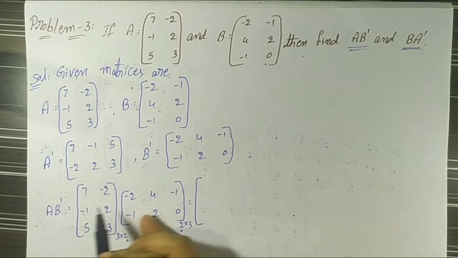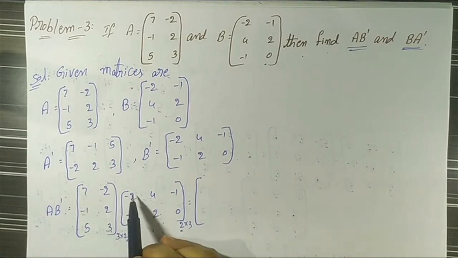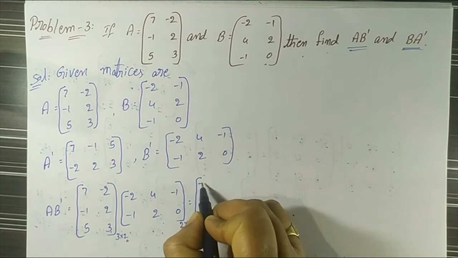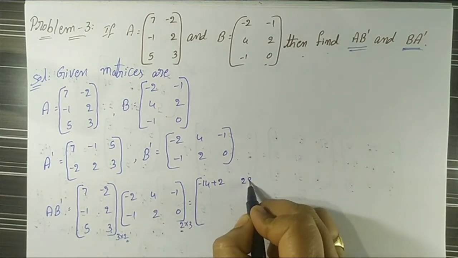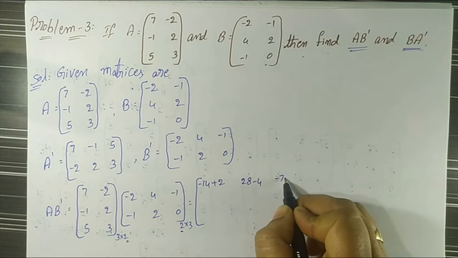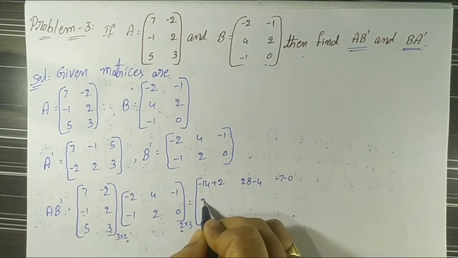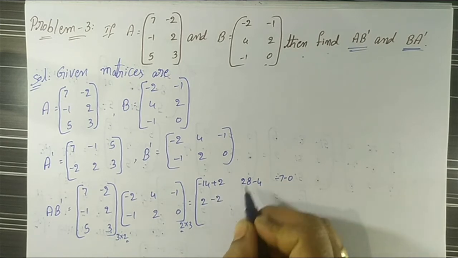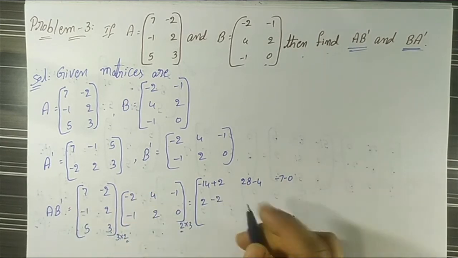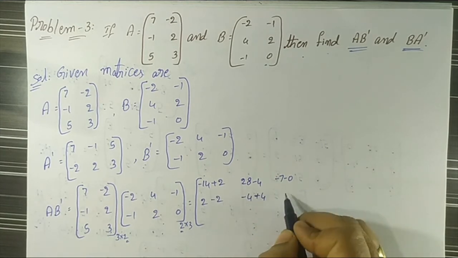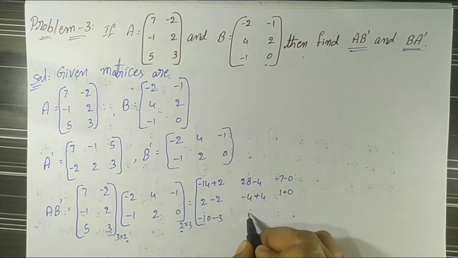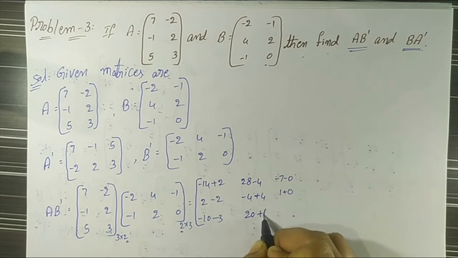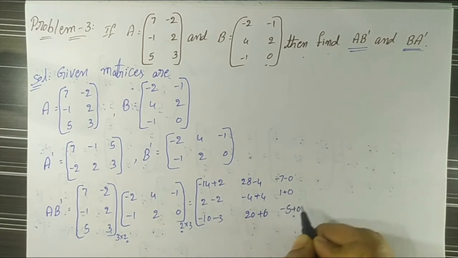This multiplication is possible. Then we can find first row, first column: 7 into minus 2, minus 14 plus 2. First row, second column: 14 minus 4 minus 7 minus 0... Second row, first column: minus 4 plus 4, 1 plus 0, minus 10 minus 3, 20 plus 6, minus 5 plus 0.